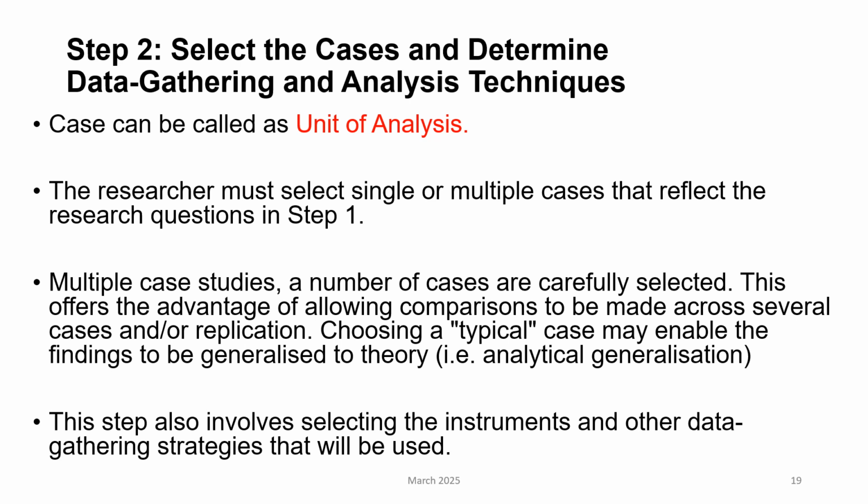So choosing a typical case may enable the findings to be generalized to theory, which is called analytical generalization, also called theoretical generalization, where the theory that has been generated in one case can be generalized to other cases. This concept of analytic generalization is different from statistical generalization that's used in quantitative research. This step also involves selecting the tools and other data collection strategies that will be utilized in the case study research.